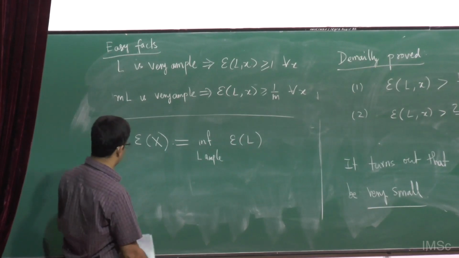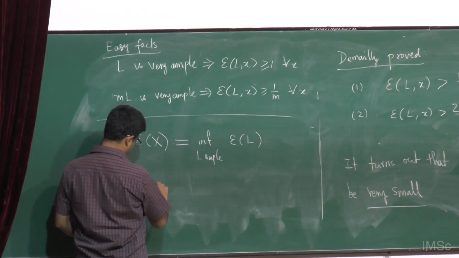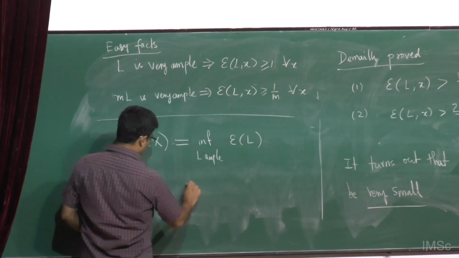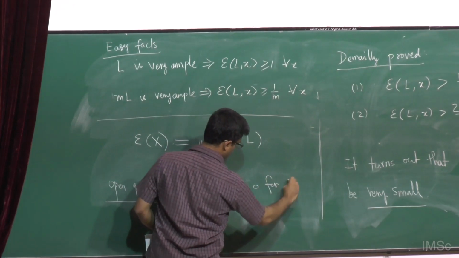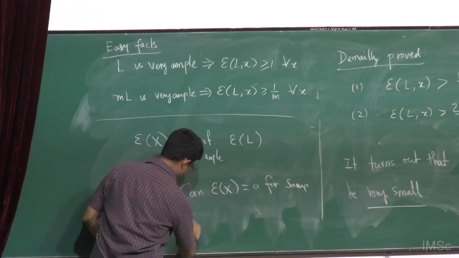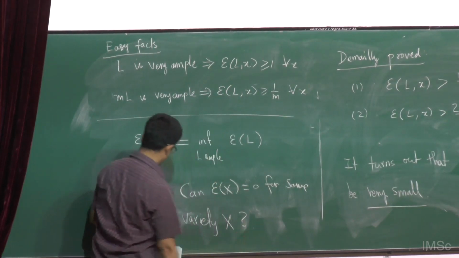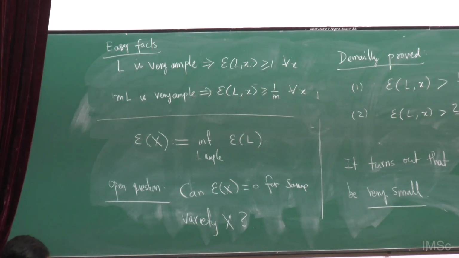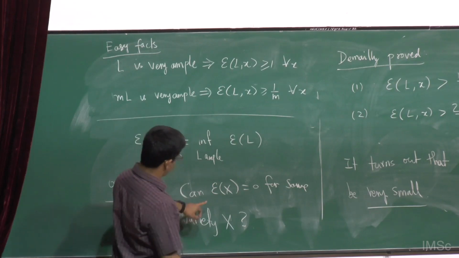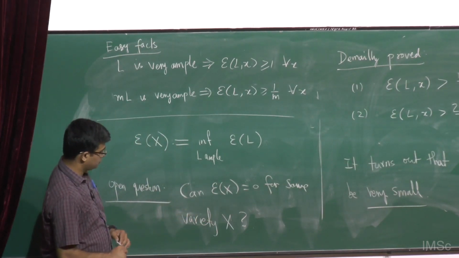So the question is an open question. As you vary ample line bundles on a fixed variety, is it possible that the infimum becomes 0? This is open as of now.